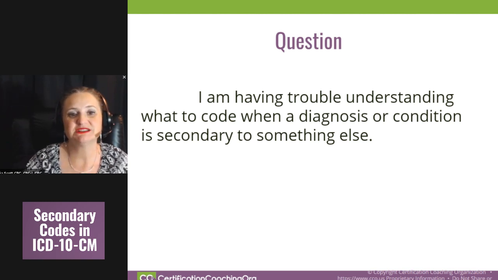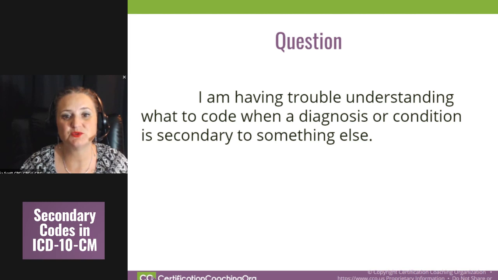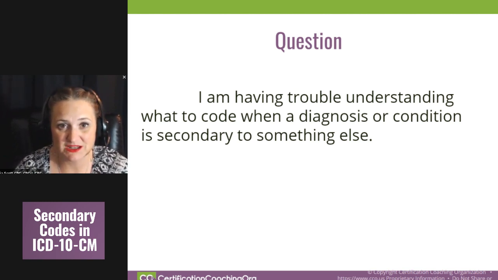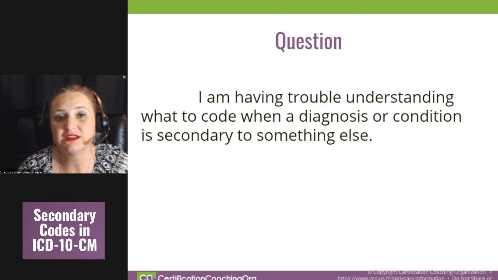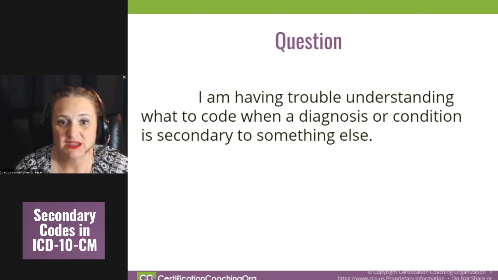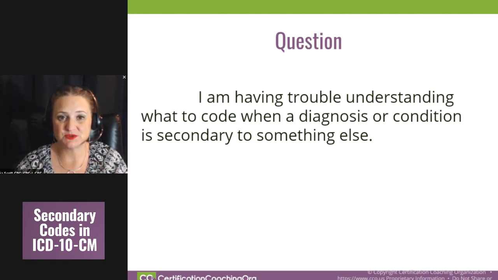The question came in and says, I'm having trouble understanding what to code when a diagnosis or condition is secondary to something else. Okay, so let me explain just briefly, before we get into the next slide, what she was asking more in depth, because this is the actual question that came in, and then she kind of gave an example, and then we went through and broke it up.